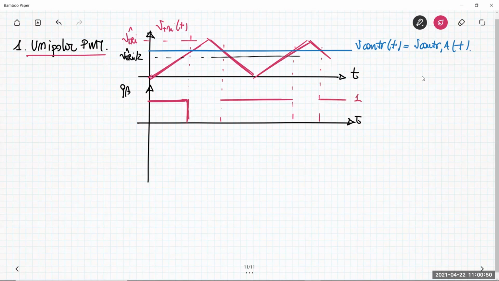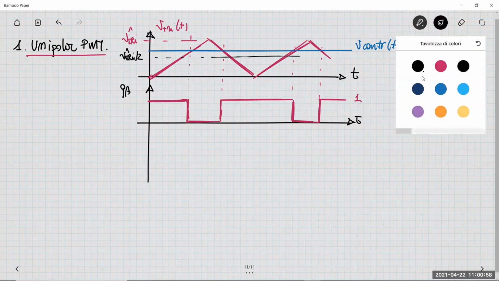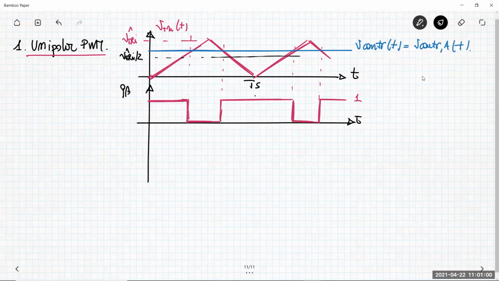Otherwise, 0. This is TS. What about the unitary switching function QB?